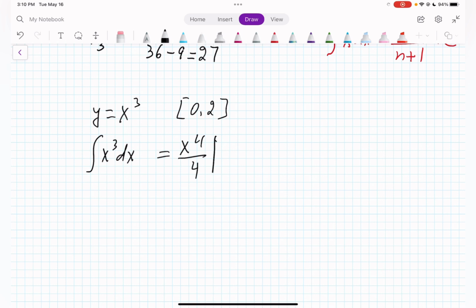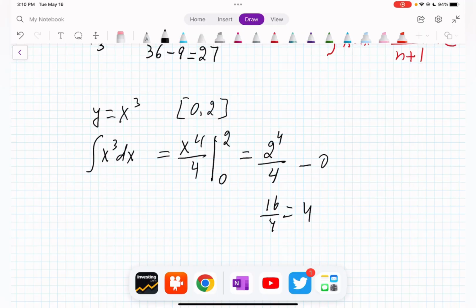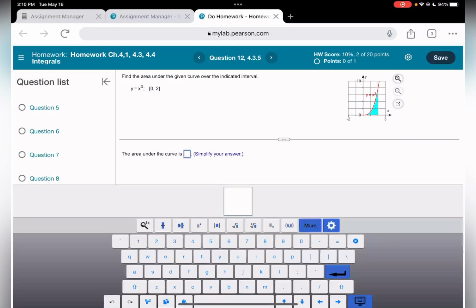And we are plugging in the interval 0 and 2. So first I'm going to plug x as 2 to the power 4 divided by 4, and then minus, well, 0. I don't need to plug anything. So 2 to the power 4 is 16 divided by 4, and we are getting 4. Let's plug the answer.